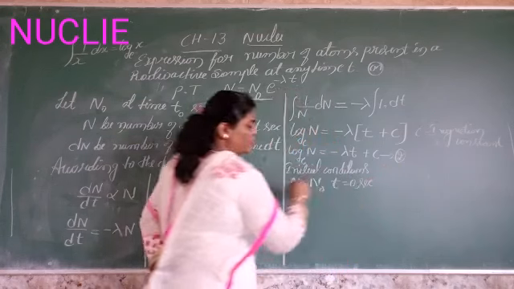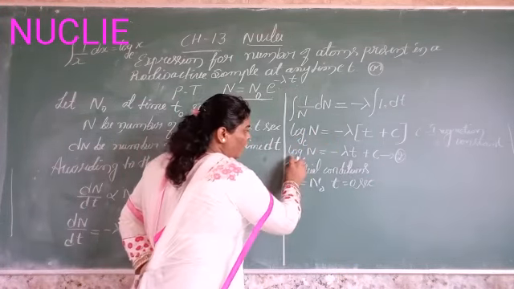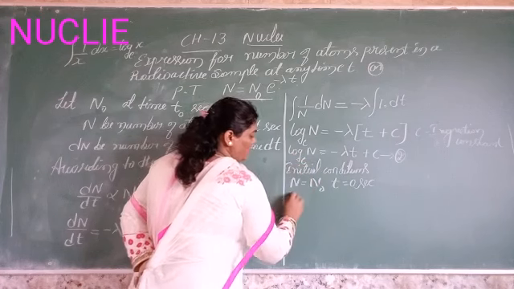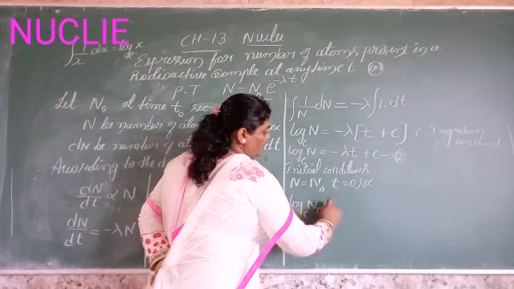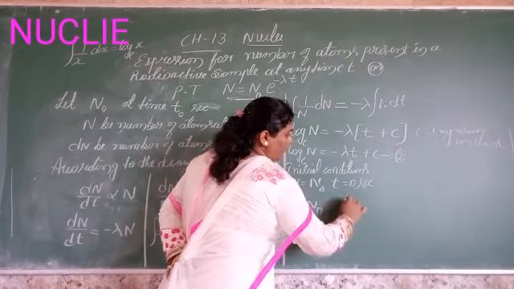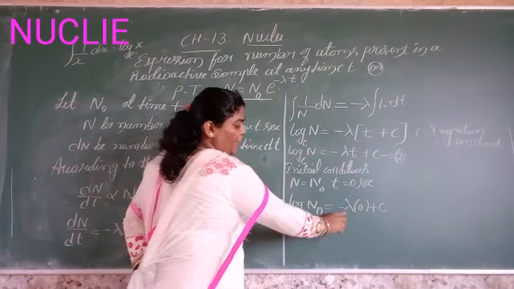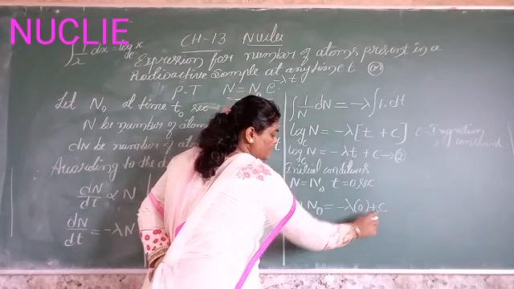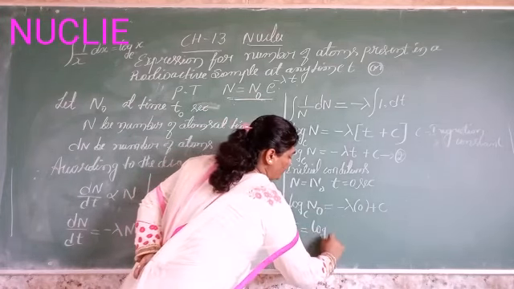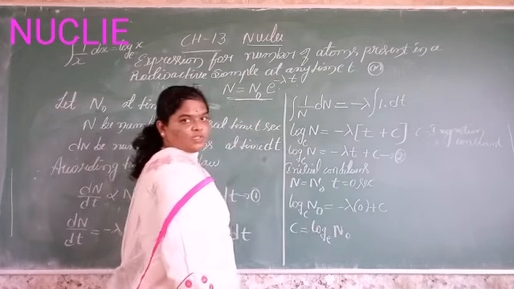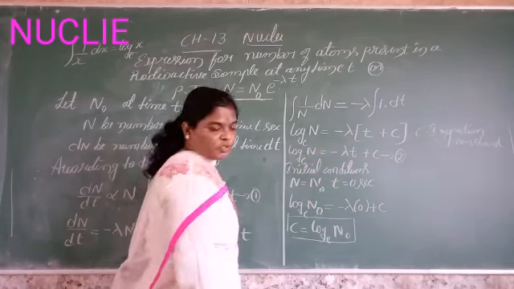So log base e n naught is equal to minus lambda into 0 plus c. Lambda into 0 is 0, and here c is equal to log base e n naught. So substitute this integration constant in equation 2.